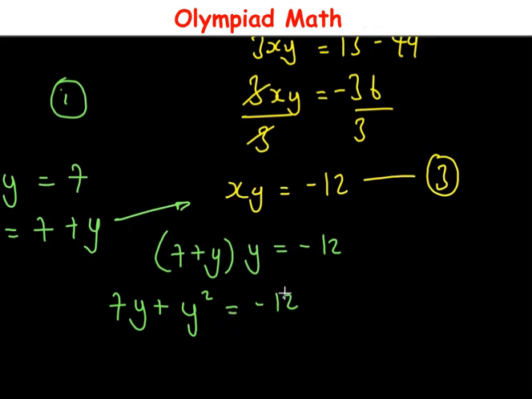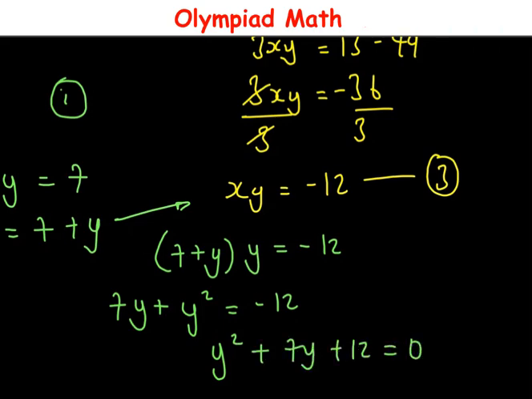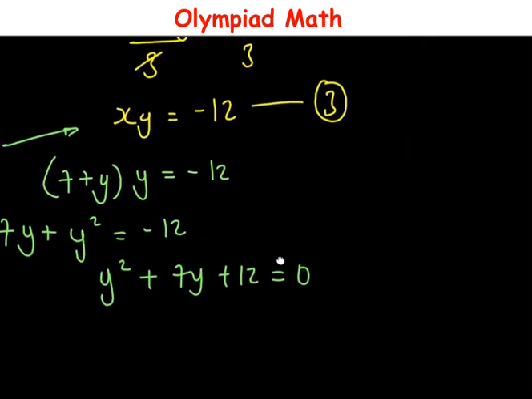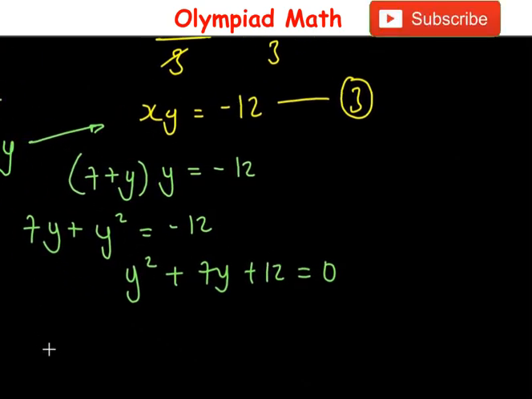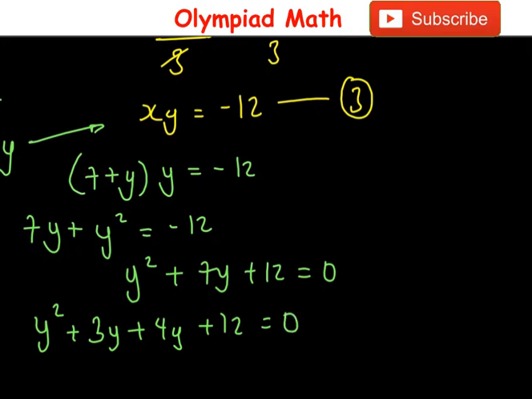With this, let us rearrange this equation. This becomes y squared plus 7y plus 12 equals 0. Now, we are going to solve this making use of the factorization method. So we have y squared, and instead of writing plus 7y, we write plus 3y plus 4y plus 12, equals 0. So we can factorize out y from this.